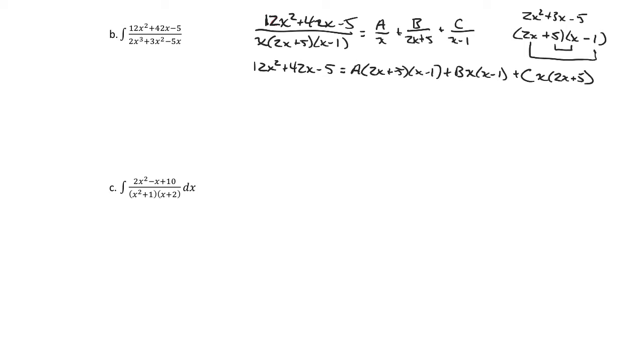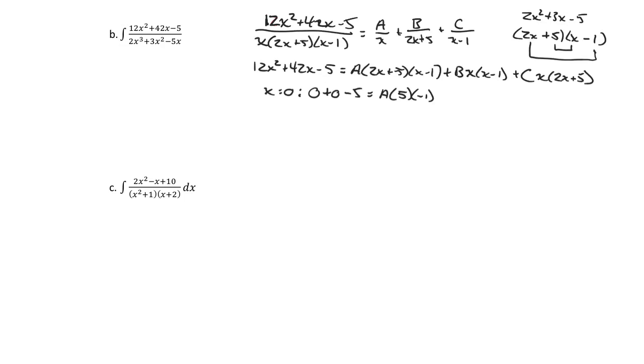And now we can make some substitutions to get rid of factors. I see, first of all, that if I let x be equal to 0, we end up eliminating 2 of our terms. So we'd have 12 times 0 squared, which is just 0, 42 times 0, that's just 0, minus 5, equals A times 0 plus 5, which is just 5, times 0 minus 1, which is negative 1.